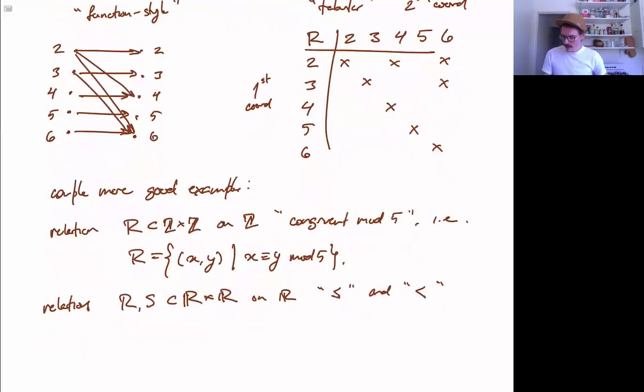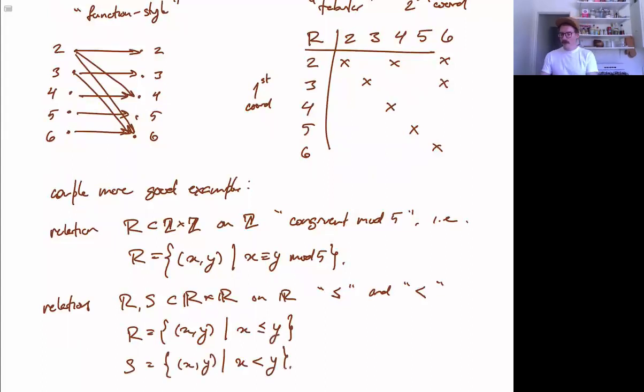So again, to be precise, R is the set of ordered pairs (x, y) of real numbers this time, such that x is less than or equal to y. And S, you can think about as the set of ordered pairs of real numbers where x is less than y. So these are all examples of relations. And next, we will talk about some important properties that relations can have.